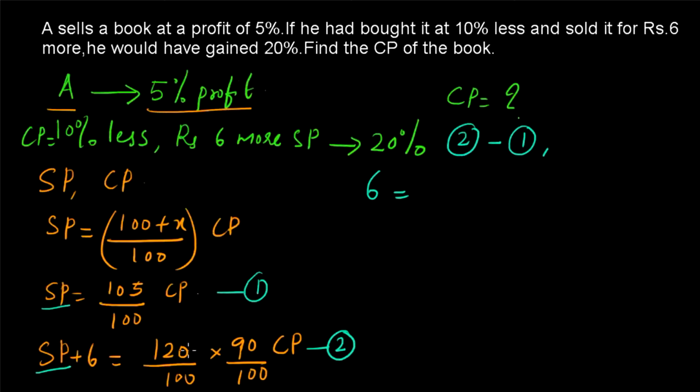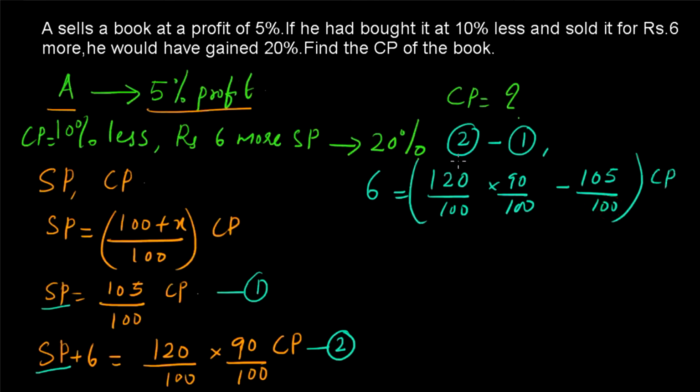Okay. So 6 is equal to, taking cost price as common, 120 by 100 into 90 by 100 minus 105 by 100, into cost price. Now just simplify this. Here we will get 6 by 5, here 9 by 10, and here 21 by 20.